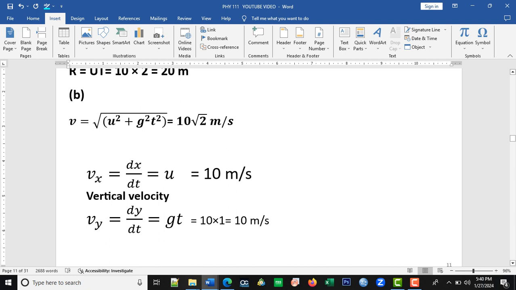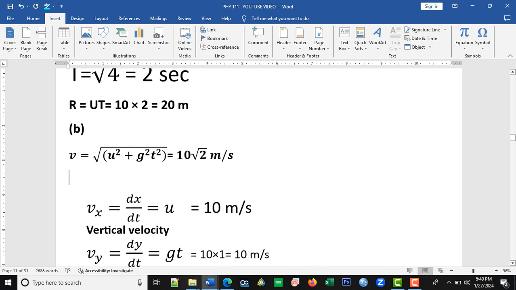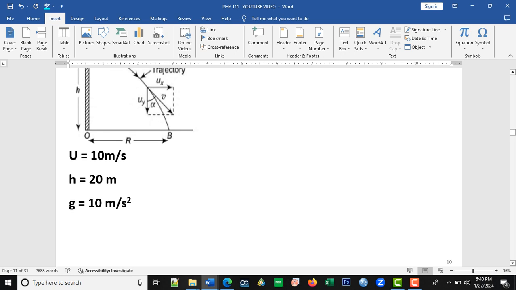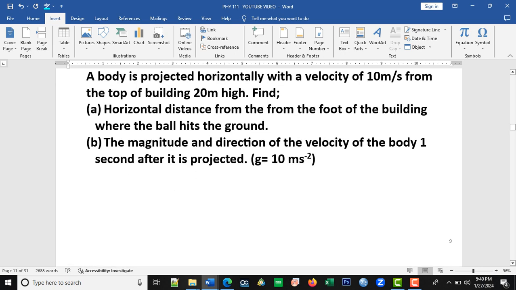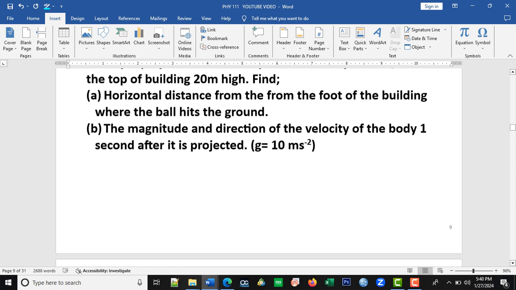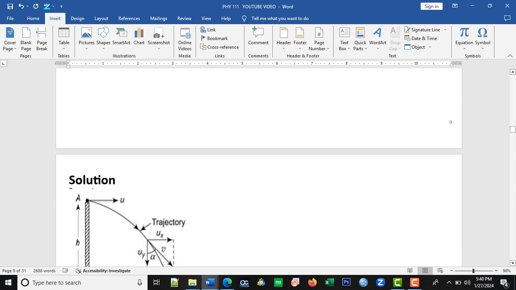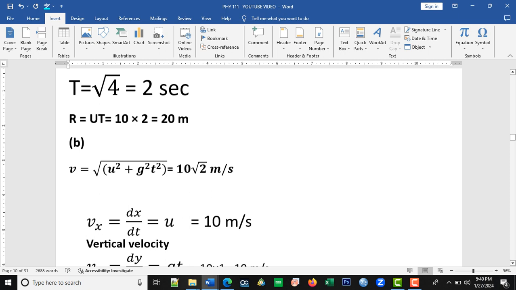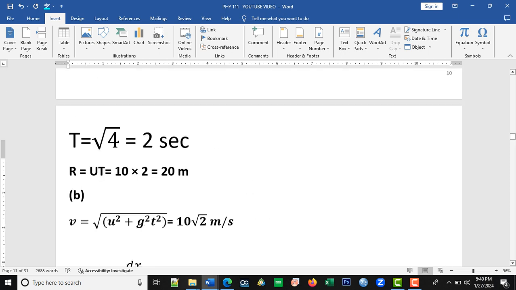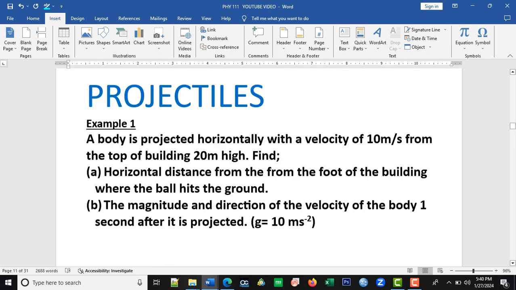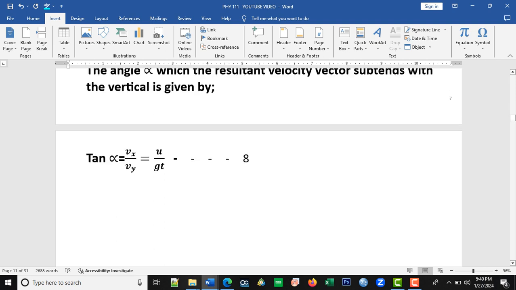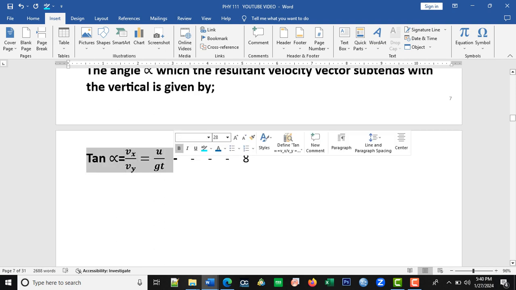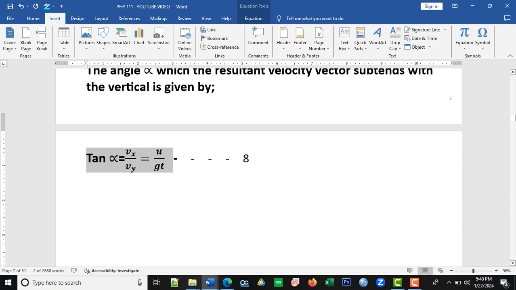Let's go back because we have not finished. We were asked to find magnitude and direction. So for us to get the direction, we are going to use the formula for the angle, which is equation 8.